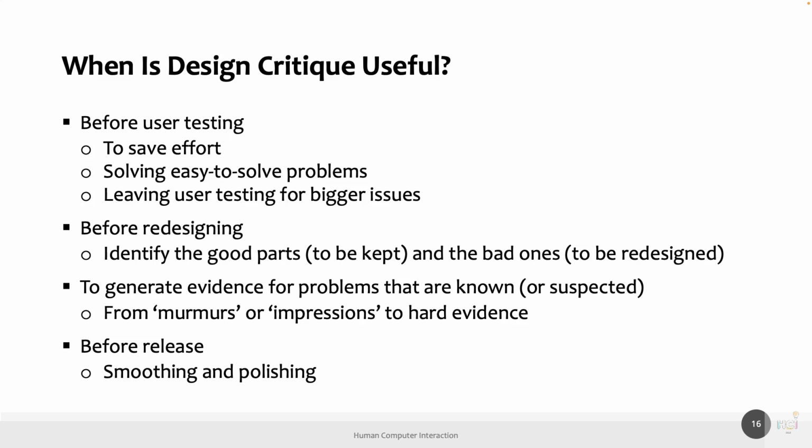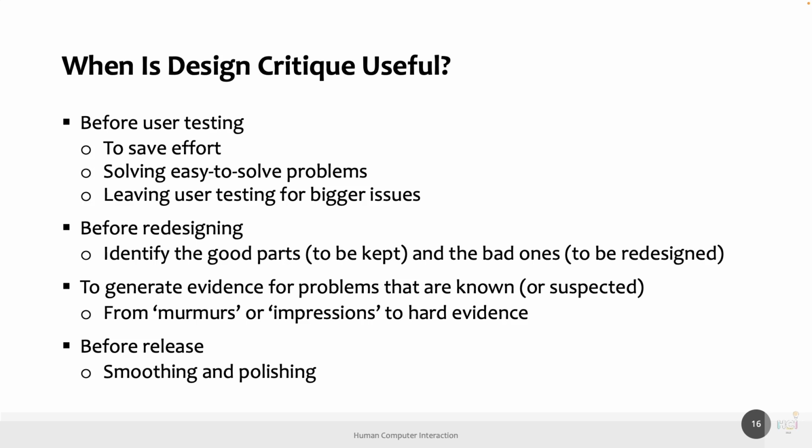You can use it before redesigning. Maybe you have your version 1, you want to produce the version 2 of your application. You conduct a heuristic evaluation to identify the good parts and maybe the parts that should be actually redesigned. You can also use it, and it's typically used, to generate evidence for problems that are known or just suspected.